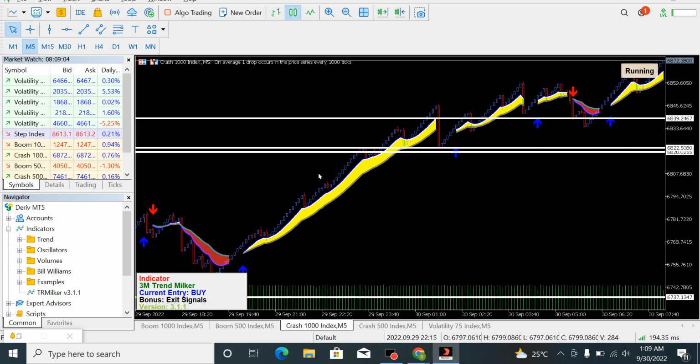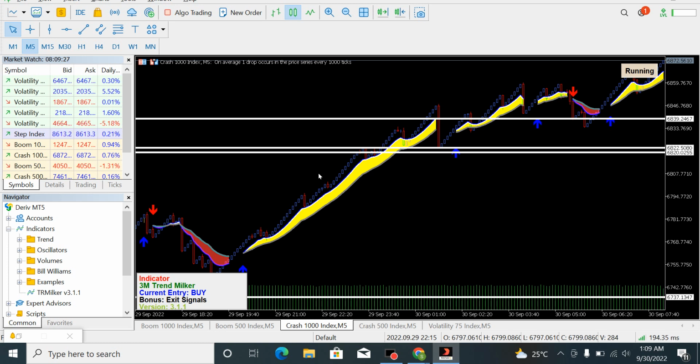We are just trading the normal trend, and that was what we did throughout this week. I've been sharing my results on the Telegram channel, so if you are not on the Telegram channel, you can join so that you can be a part of the activities going on there. What we have been doing so far is just trading the normal trend for Boom and Crash.